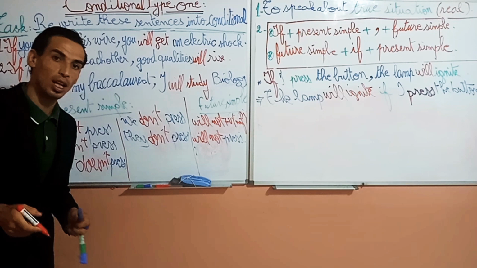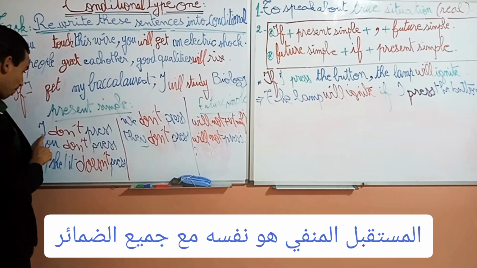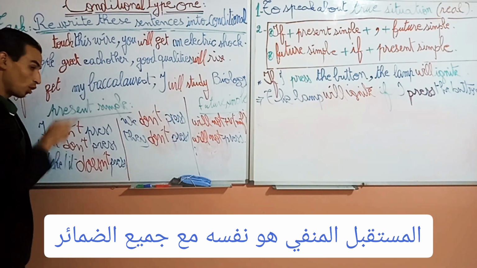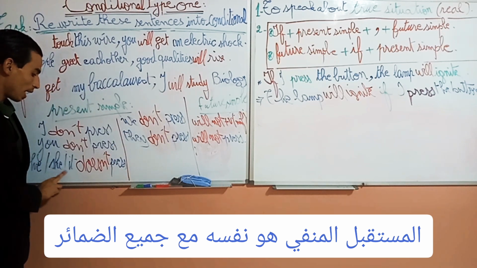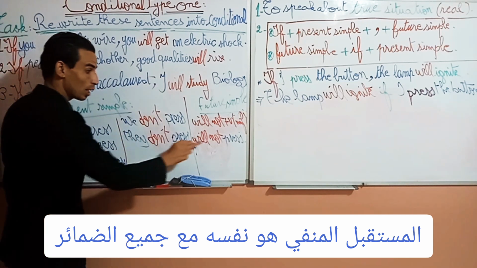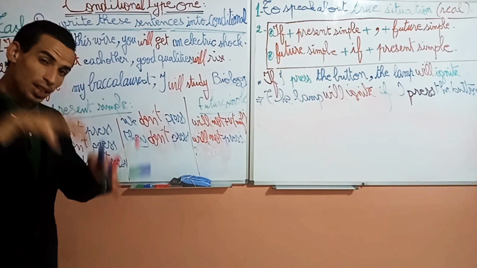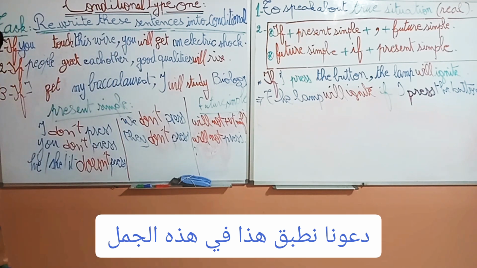And this is future negative. Future negative is the same. I will not press. You will not press. She, he, it, we, they will not press. It's the same thing. Let's try this on these sentences.